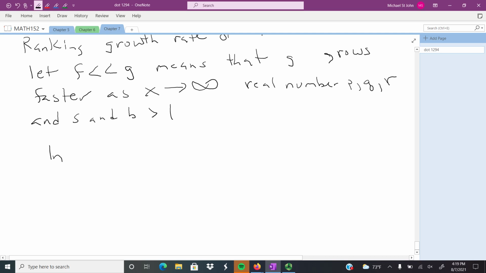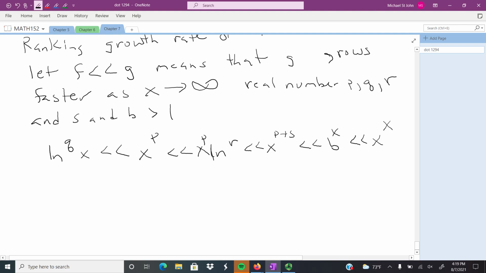So the natural log of Qx is much, much smaller than x to the P, which is much smaller than x to the P, ln R, x to the P plus s, b to the x, and smaller than x to the x. Right. So growth rate of functions.